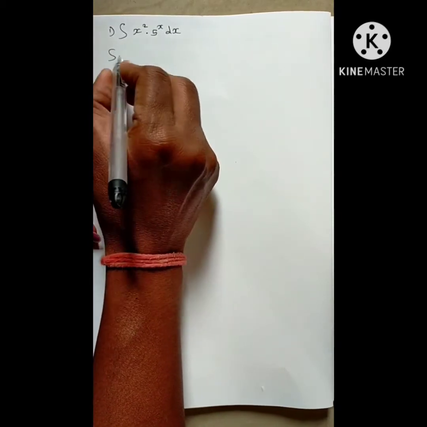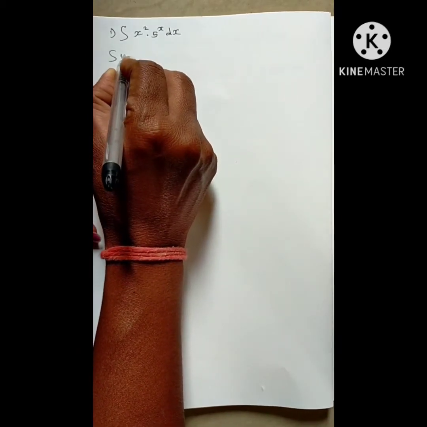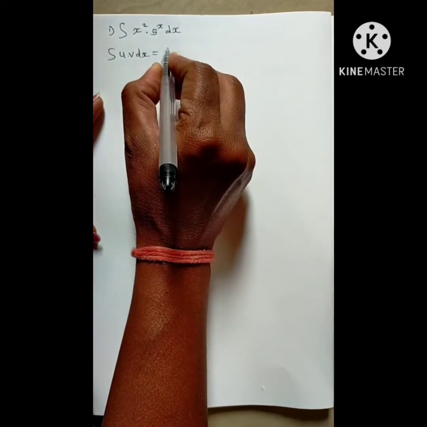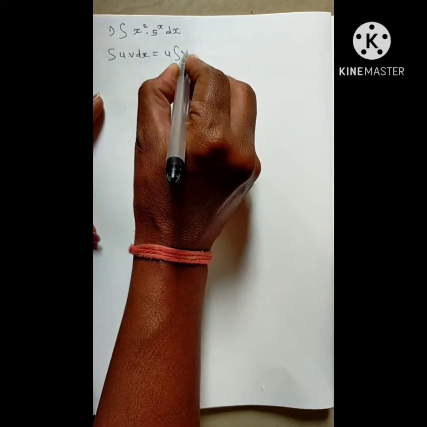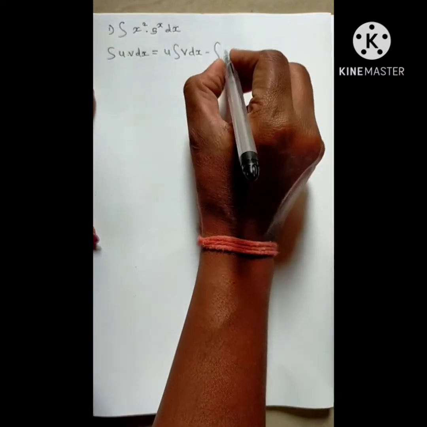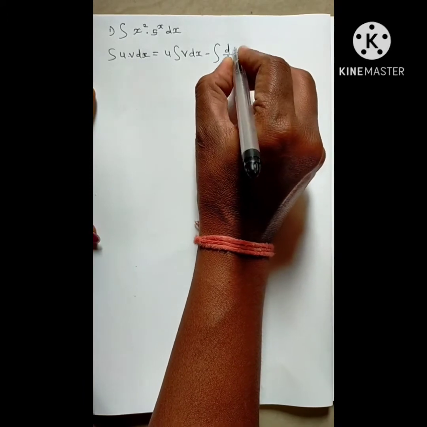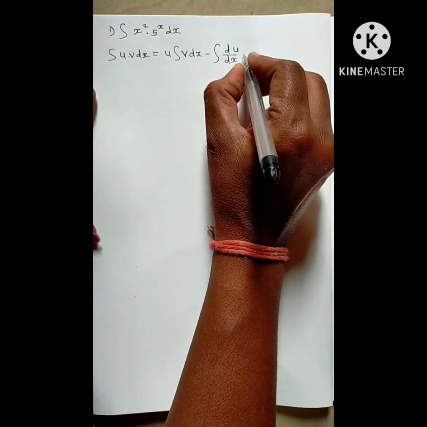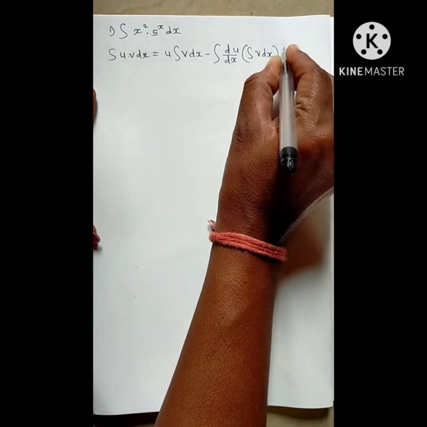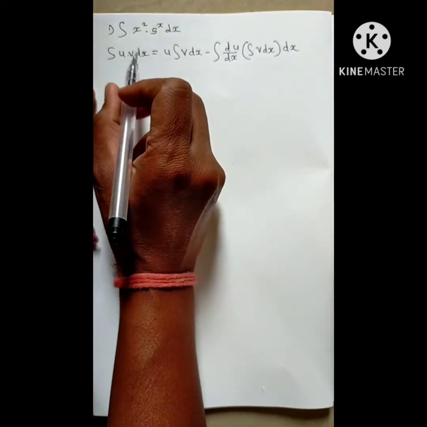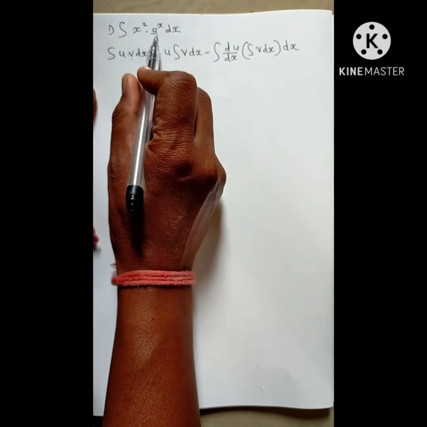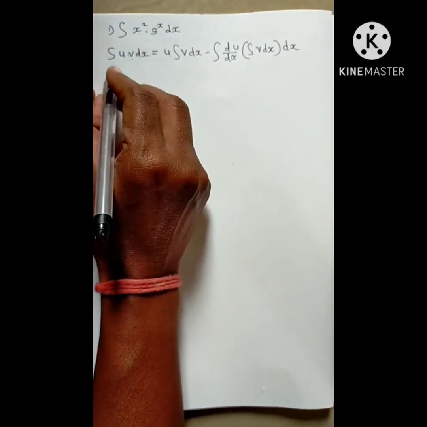Therefore we write the formula integration u into v into dx, which is equal to u integration of v dx minus integration d by dx of u into integration v dx into dx. So here we have given u is equal to x square and v is equal to 5 raised to x.